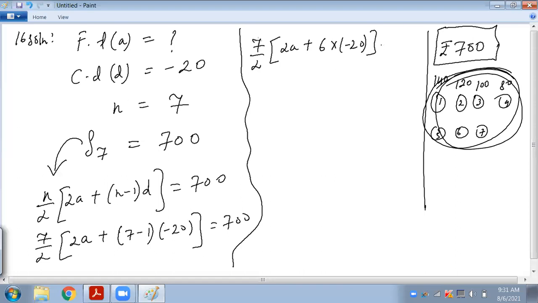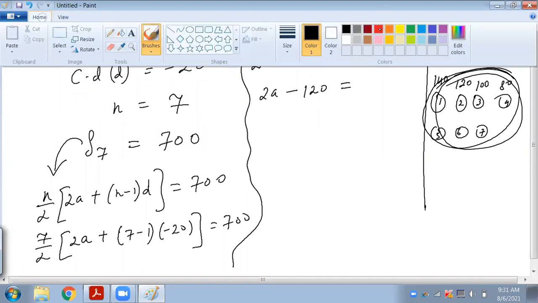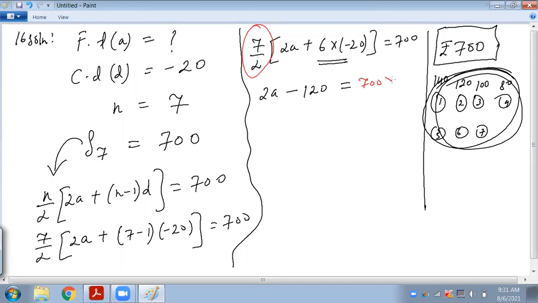Okay, so this 7 by 2 is before the bracket, so we can take it to the other side. 2A plus, plus into minus gives minus, 6 into 20 is 120. And 7 by 2, which is before the bracket, we can take to the other side: 2 will go up, 7 will come down, then cut it.